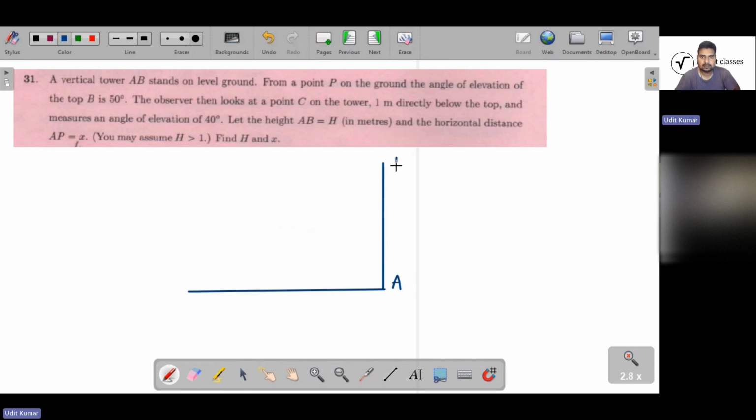This is A, this is B. And from a point on the ground, let's say from this point, angle of elevation means looking up. So the angle of elevation to the top B is 50 degrees, right?